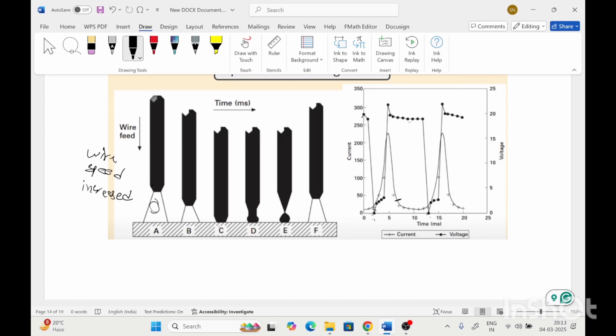So we deliberately keep wire feed speed higher in this case. The frequency used in this case is generally 100 Hz.